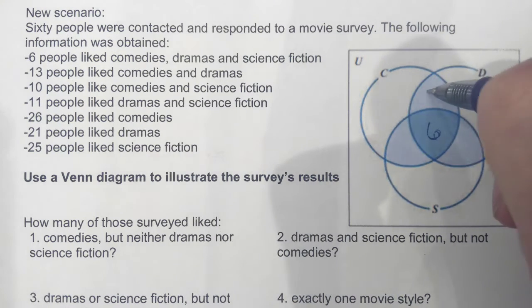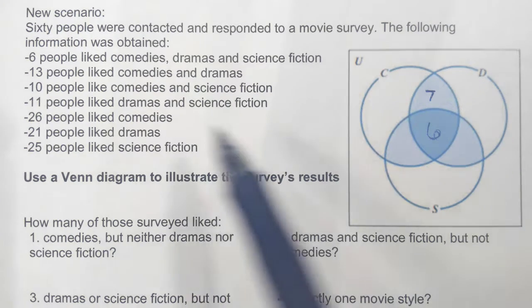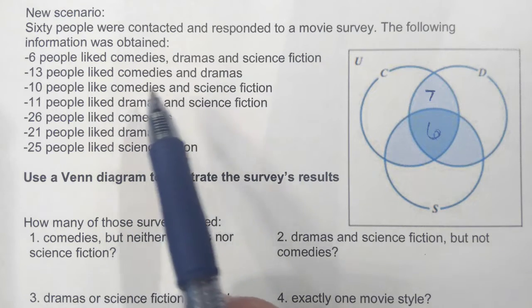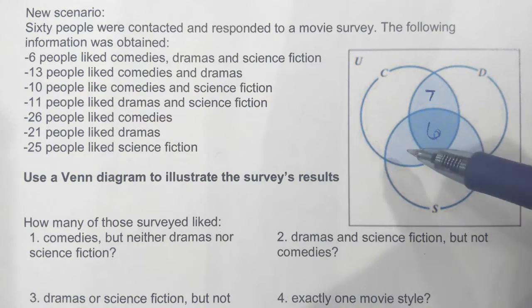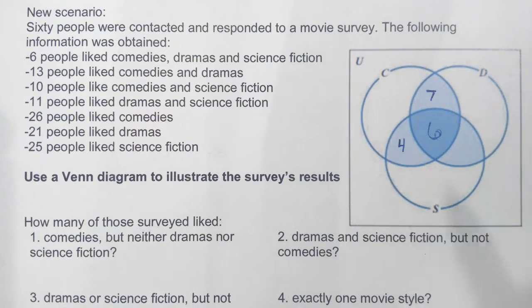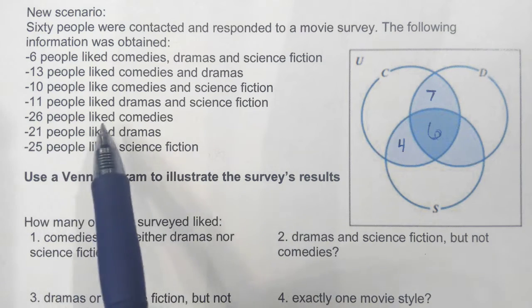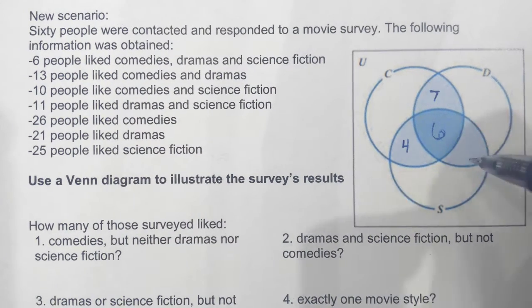That leaves you with 7. 10 people liked comedies and science fiction. So that's in this section. We already have 6 of those people counted. That leaves us with 4. 11 people liked dramas and science fiction. That leaves us with 5.